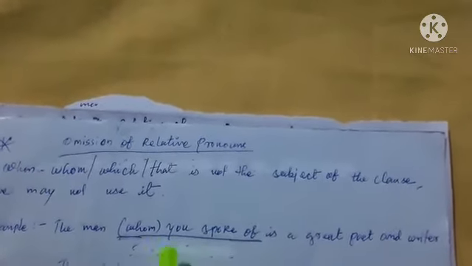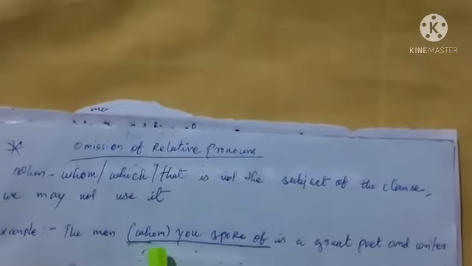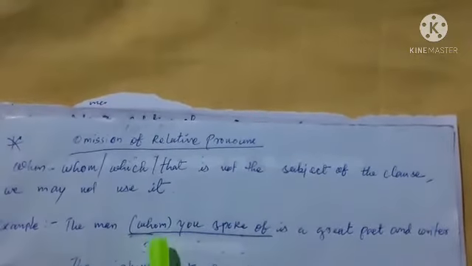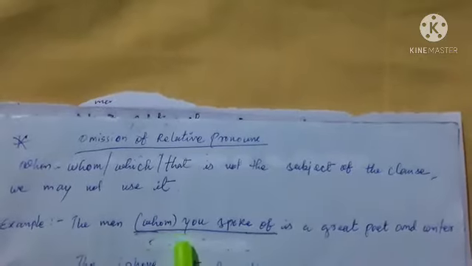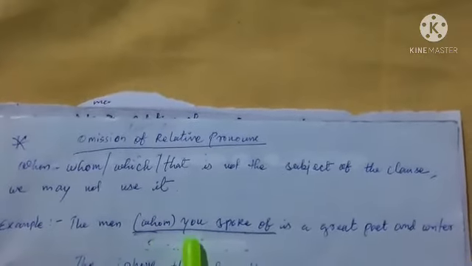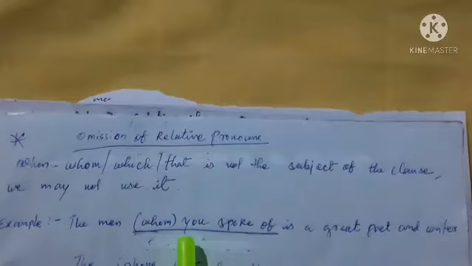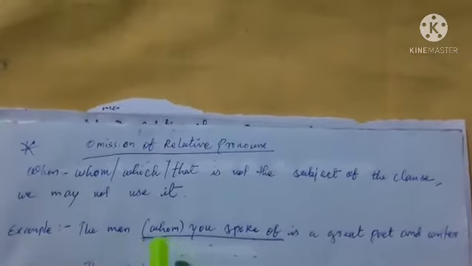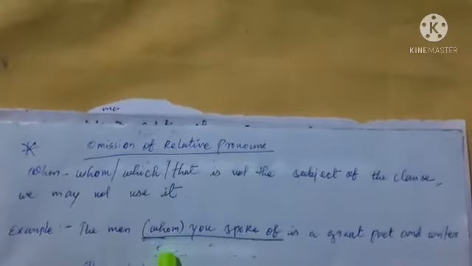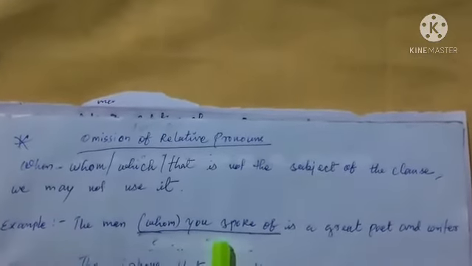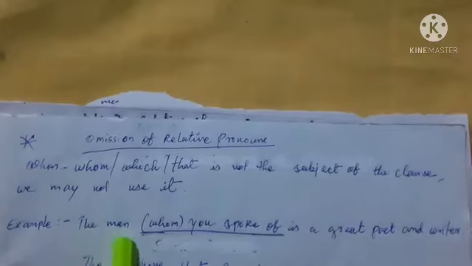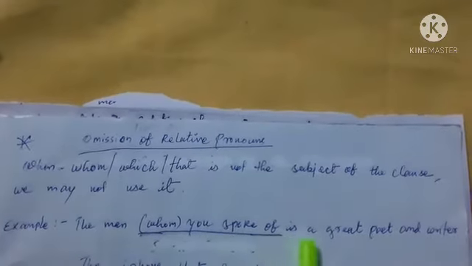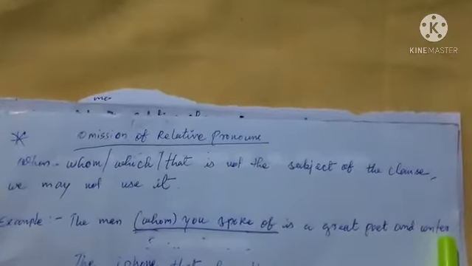And here, the relative pronoun whom is not the subject, but the subject is you, and so we can omit or remove the relative pronoun whom in the relative clause, and we can say the man you spoke of is a great poet and writer. All right.